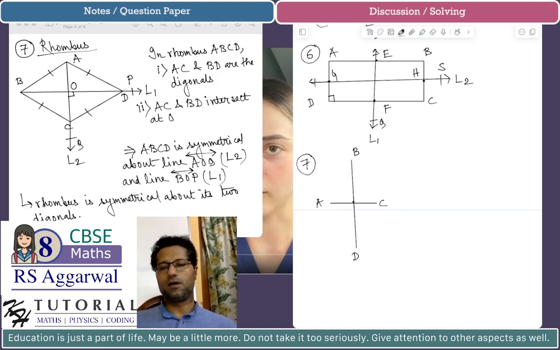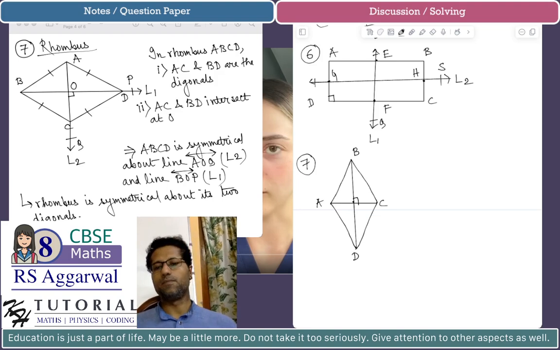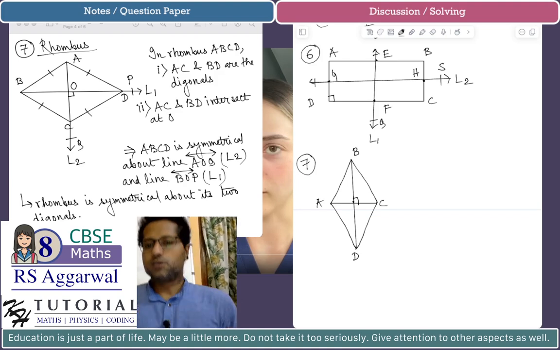So these AC and BD are the two diagonals of the rhombus, and they bisect each other at right angles. So now ABCD is a rhombus, and in a rhombus, the two lines of symmetry are its two diagonals.